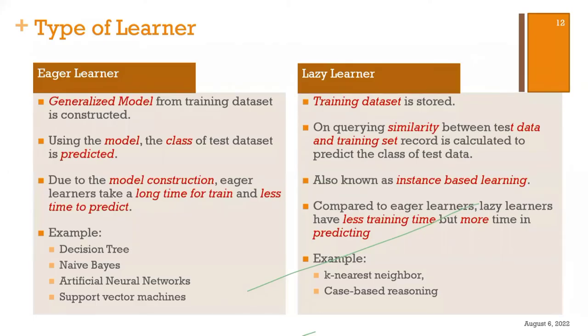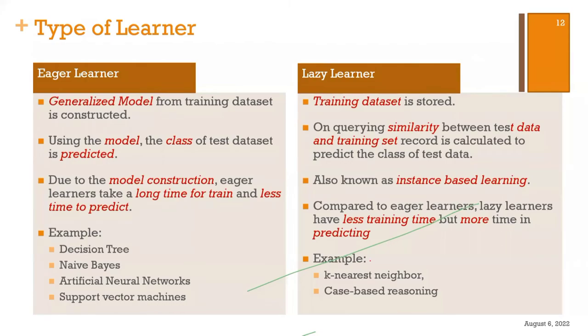Now, we have types of learners: eager learners and lazy learners, that is, lazy algorithms and eager algorithms. Eager learners generate a totally new model from the data, like decision tree and artificial neural network. They can take time for training, but the testing becomes faster.